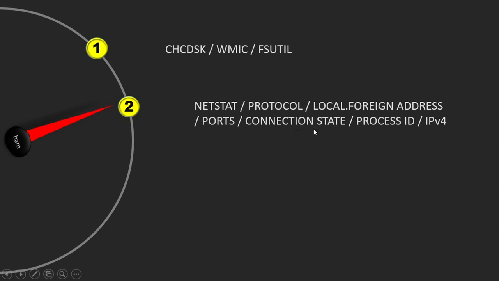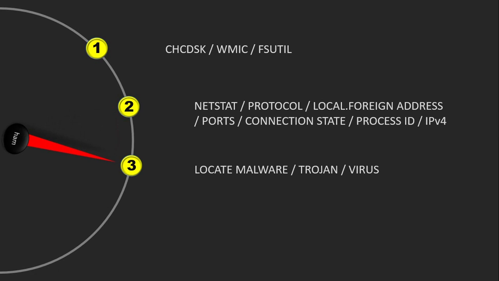Also, it will tell me the connection states and the IP version 4, which is the Internet Protocol version 4. Then step number 3 will be locating the malwares, where they are in this computer or your computer, and using step number 2, we trace them back and get rid of them.